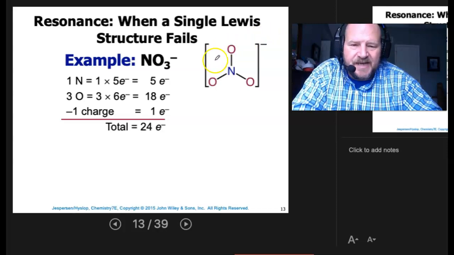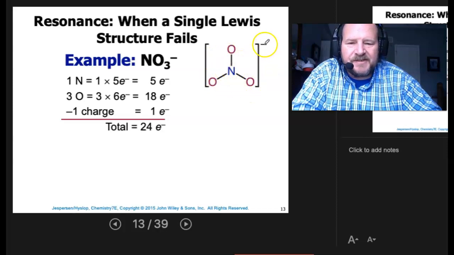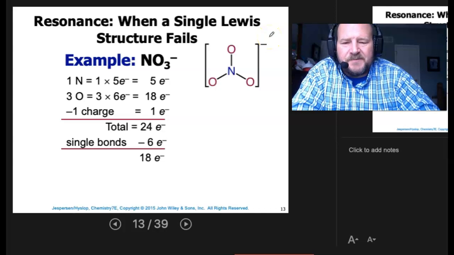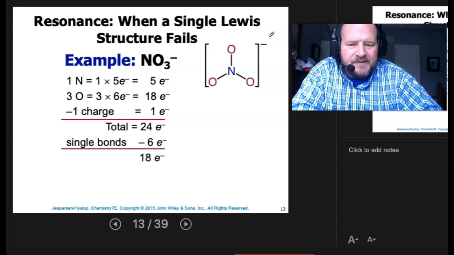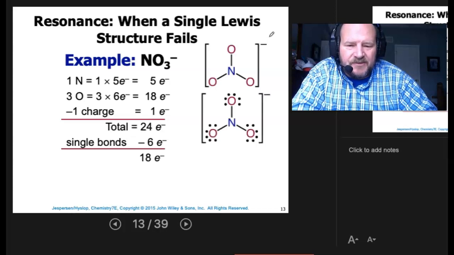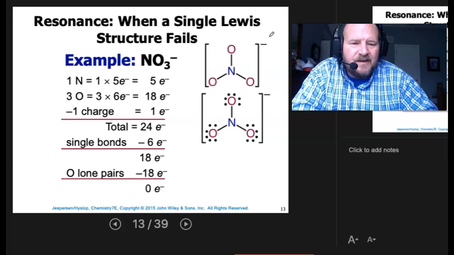We don't know exactly where that -1 is in this structure, so we're going to say it's somewhere in that structure. That means I'm going to subtract 6 electrons for those single bonds. That leaves me with 18 electrons. Next, I'm going to put all 18 electrons in as lone pairs around the oxygens to fill their octets. And that leaves me with 0 electrons.